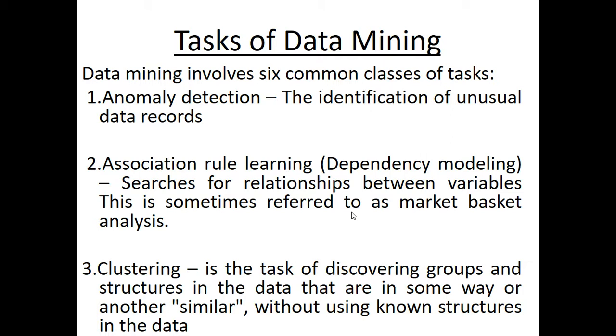We don't know the characteristics or the structure beforehand. By seeing the attributes and characteristics, we group them. If they are similar, they will be in the same group. If they are dissimilar, we put them in another group. In clustering, we are using this in all ways.